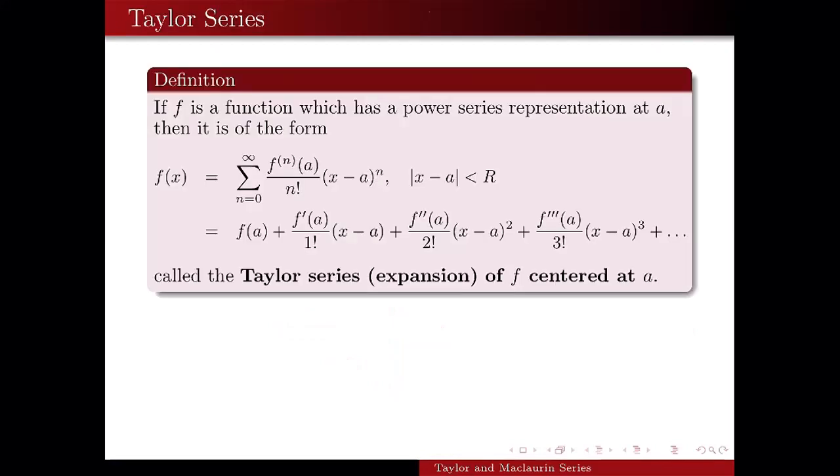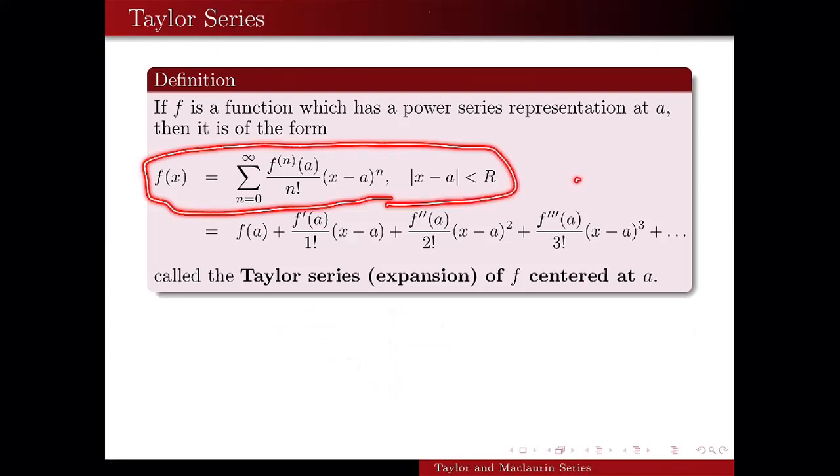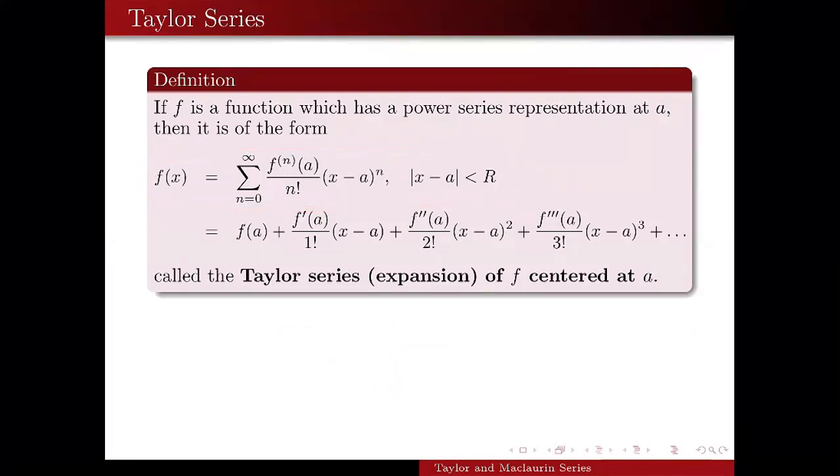If f is a function which has a power series representation at a, so take note of that, then it will be of this form. It will be the sum of the nth derivative of f evaluated at a divided by n factorial times x minus a to the power n. n runs from 0 to plus infinity.